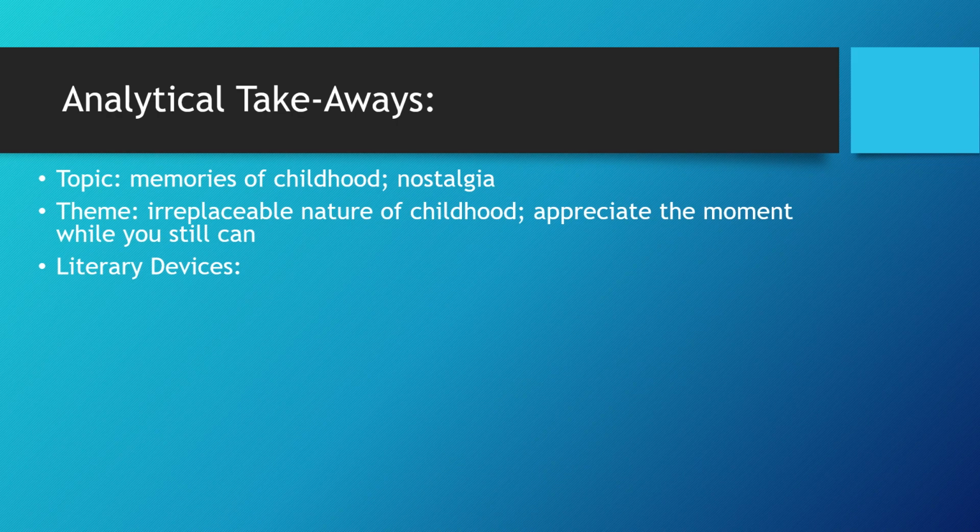I then look at the way he utilizes literary devices, which ones he uses, what sort of impact they have on the tone and the mood of the poem, and I can then understand that although he is talking about his childhood, the tone and mood indicate to me that there is some sense of sadness in recalling this.